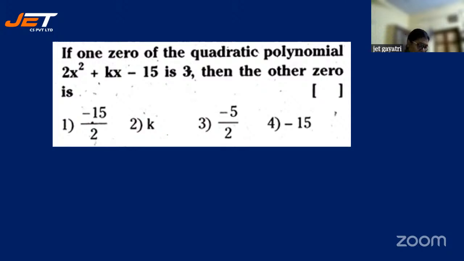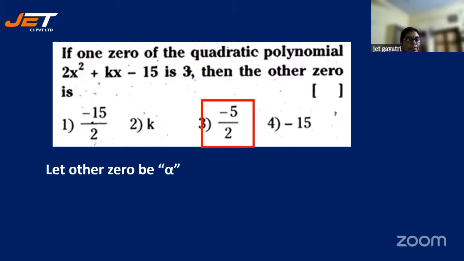Yes. So your question says, if one zero of the quadratic polynomial 2x square plus kx minus 15 is 3, then what is the other zero? So your answer must be minus 5 by 2. See here, the explanation is very clear.